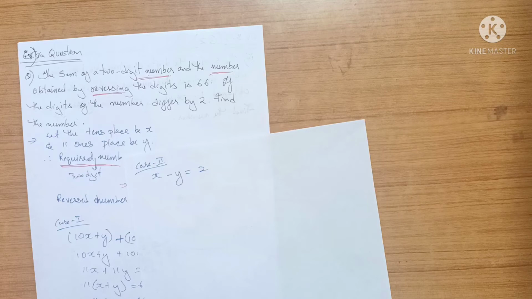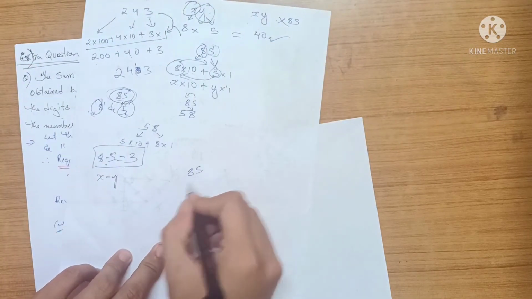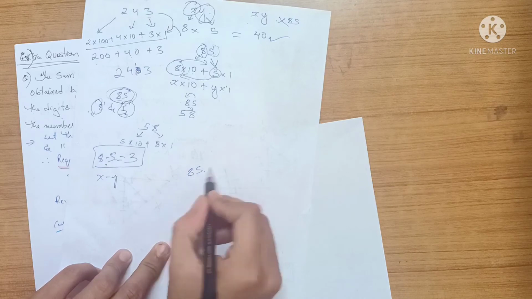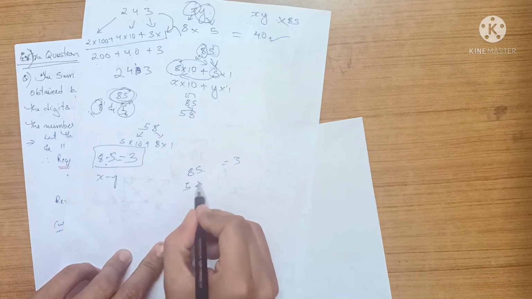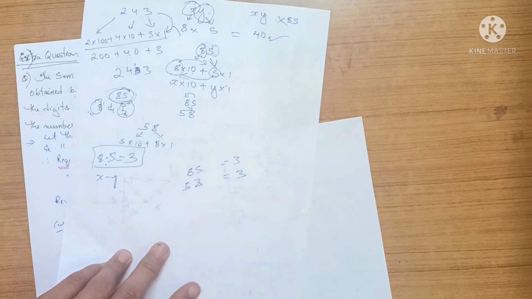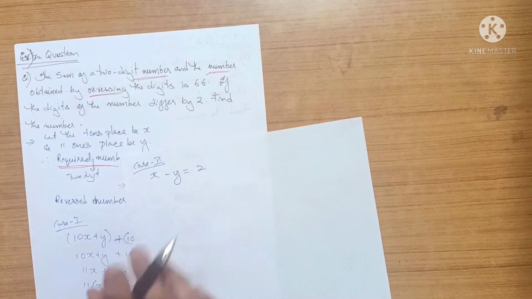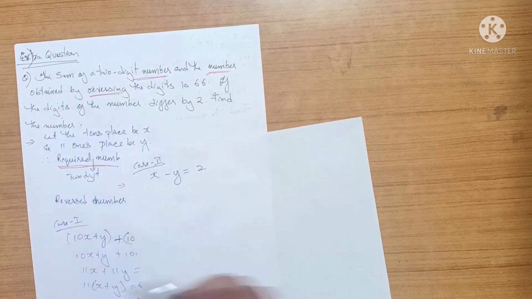They did not say the tens digit is larger. Say, for example, I told you it's 85, right? So I can do 8 minus 5 equal to 3, or even if it was 58, the difference between the digits is still 3, right? So we don't know which one it is. So you can literally take x minus y or y minus x, doesn't matter.